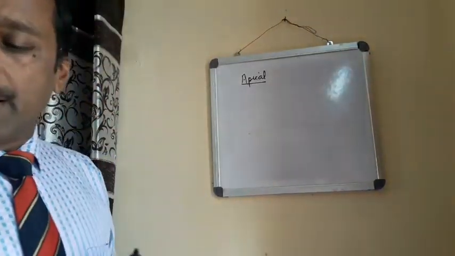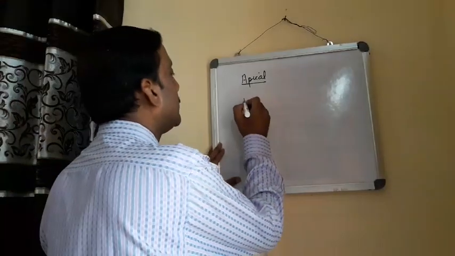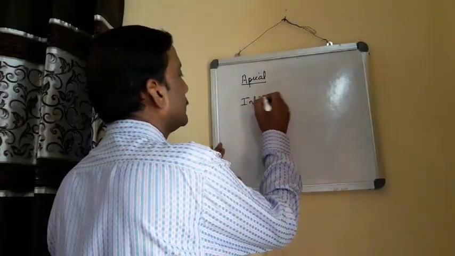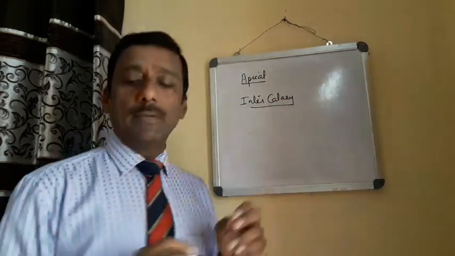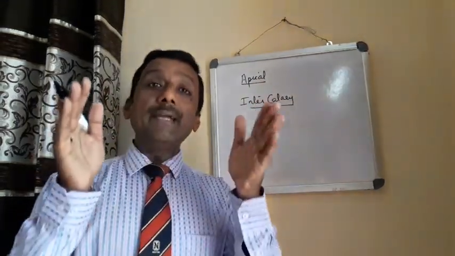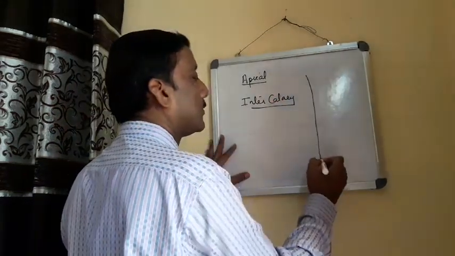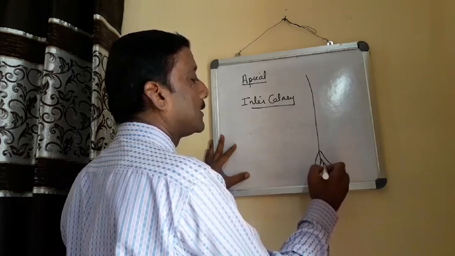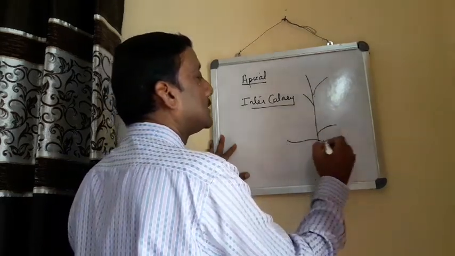Now the second one, what we like to discuss here, is intercalary. Now intercalary meristem is available at the base of the internodal region. Suppose this is a plant. Right? These are the roots, shoots. This is a stem.